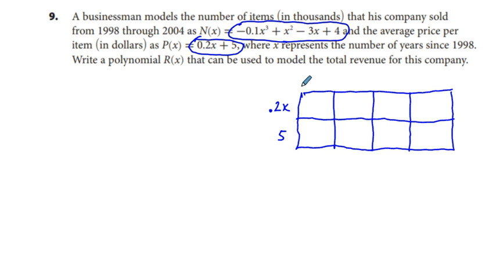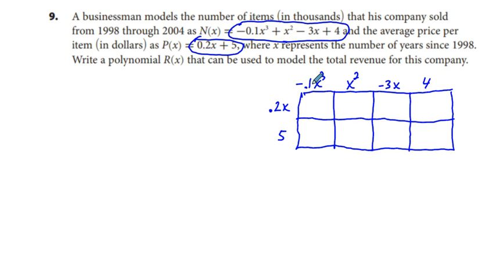In this polynomial here, we have negative 0.1x cubed, then plus x squared, and minus 3x and plus 4. And we start multiplying.